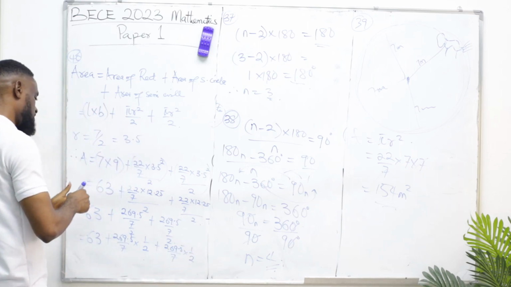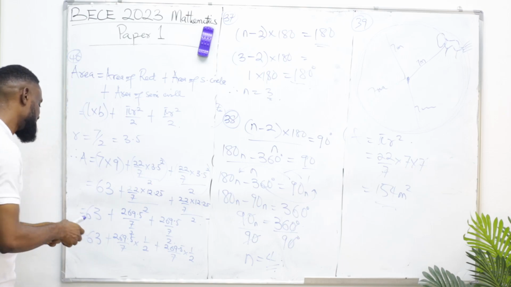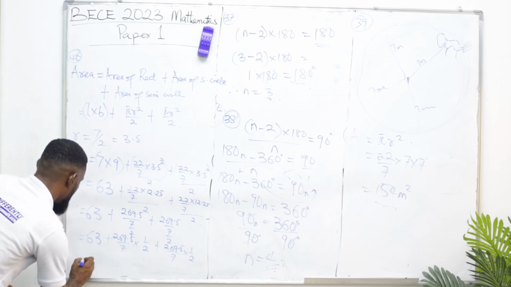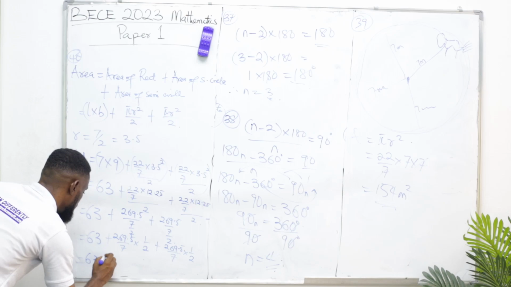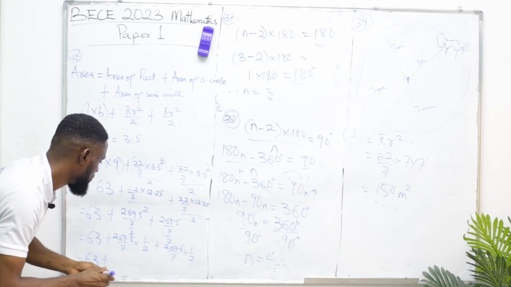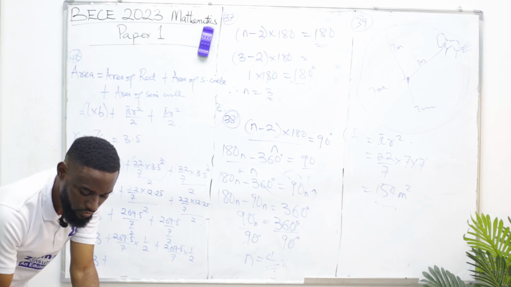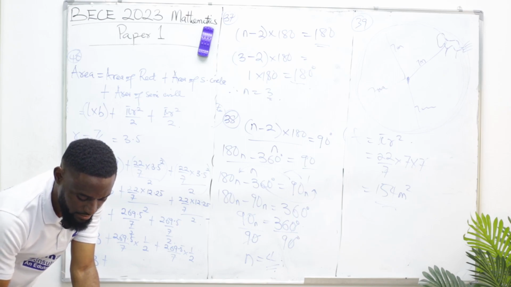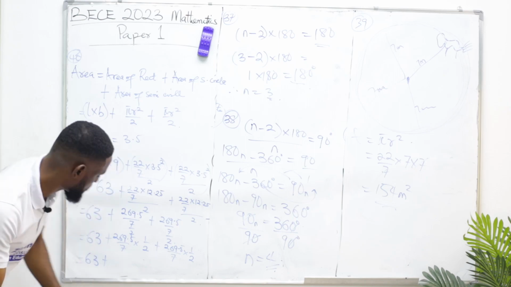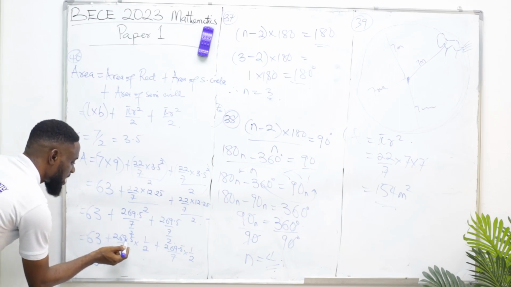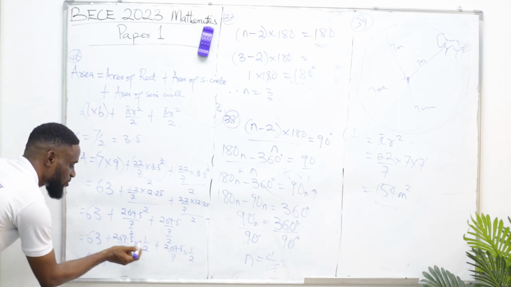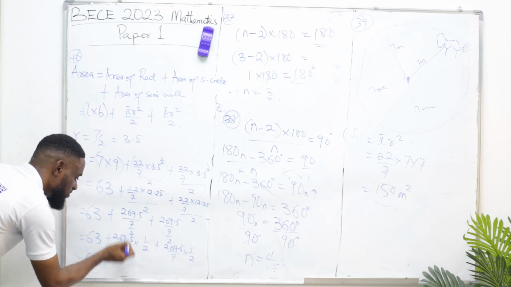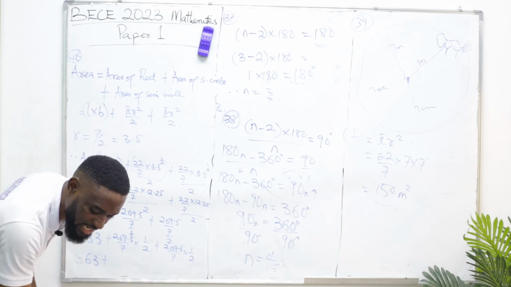Is that okay now? Okay, so this is 269.5 over 14. How do I get that 14? 269.5 times 1 is 269.5. Then 7 times 2 is 14. So divided, okay? It gives us 19.25.